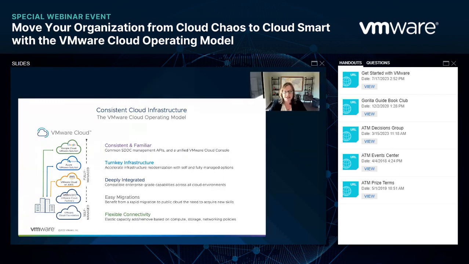It's simple to get turned up or turned down. It's easy to migrate workloads from one environment to another. They're all vSphere. They're all on the ESXi hypervisor, needs no refactoring or retooling, and it's extremely flexible.